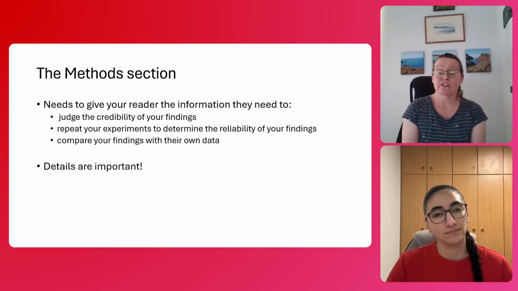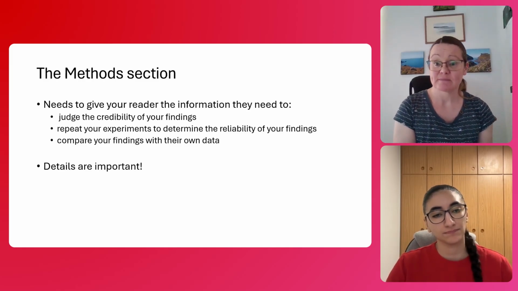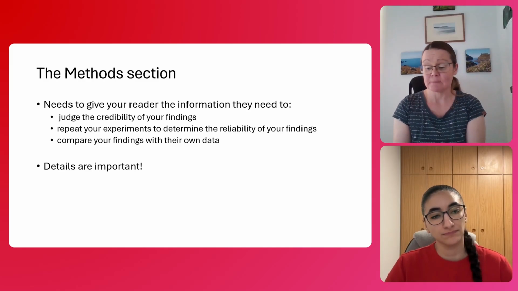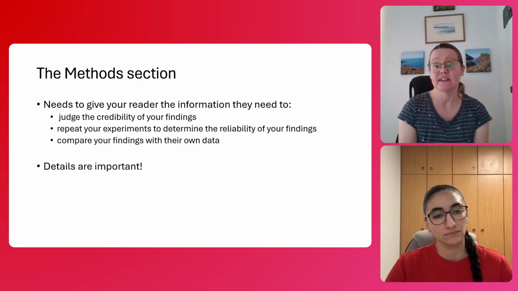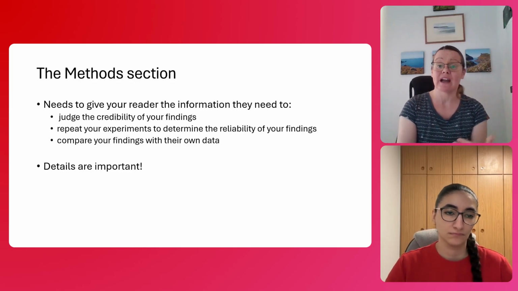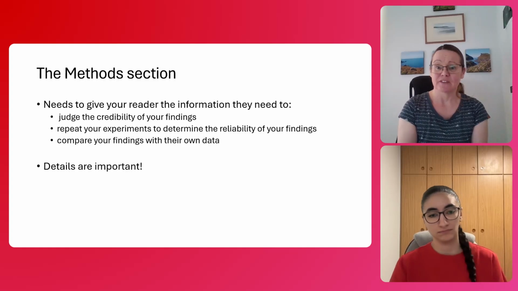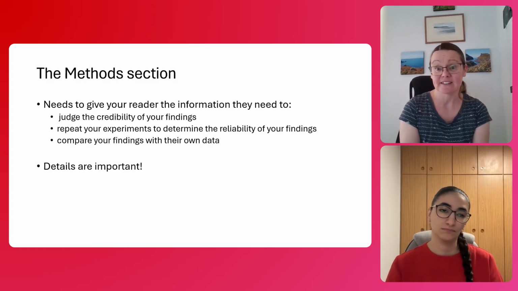And they may want to compare your data with their own data. Maybe you're reporting on a certain patient population, they have data on a similar patient population, and they'd like to compare the data. They can only really do that if they know how you gathered the data, if they know that the approach to gathering the data is aligned with theirs.